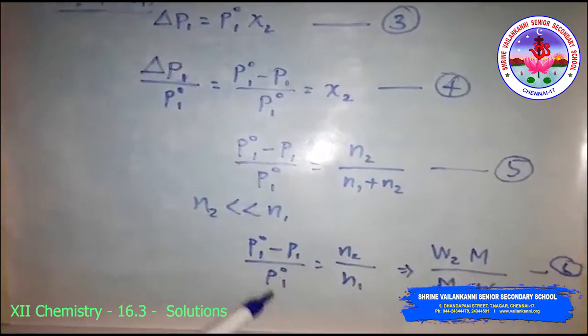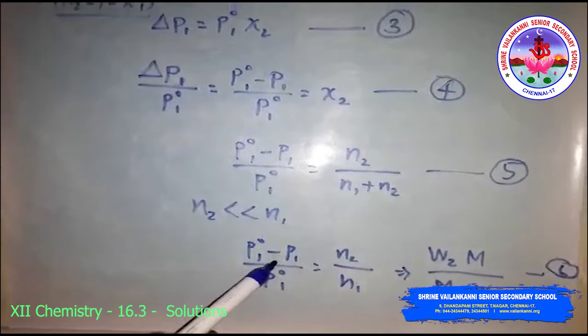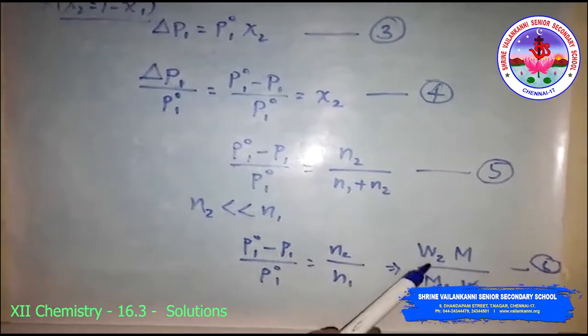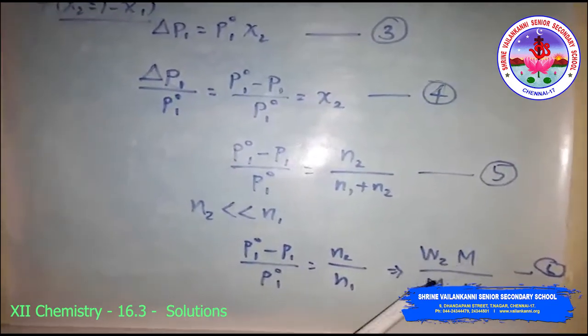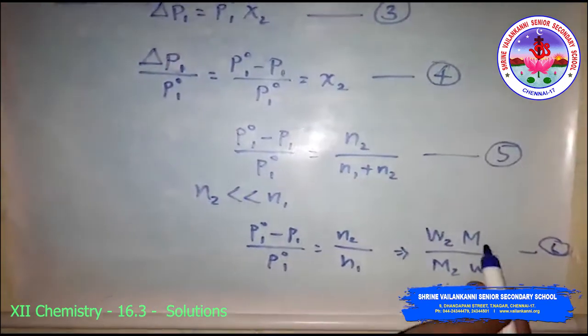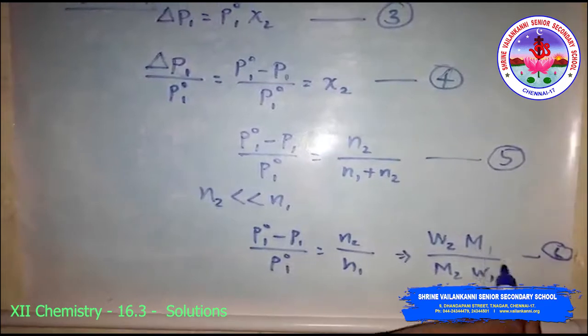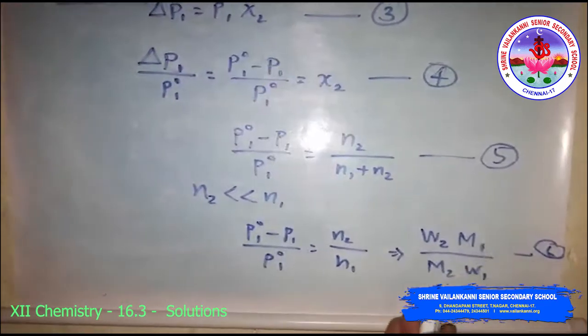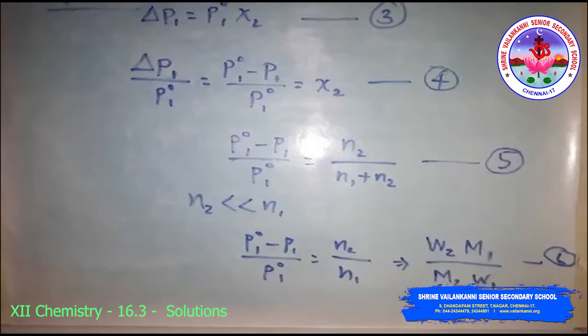Or we can write P01 minus P1 divided by P01 is equal to W2 M1 divided by M2 W1.